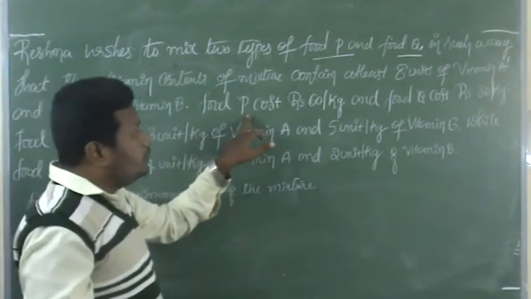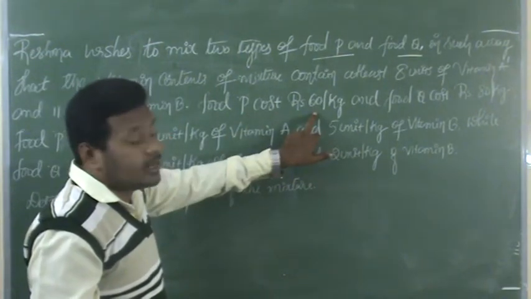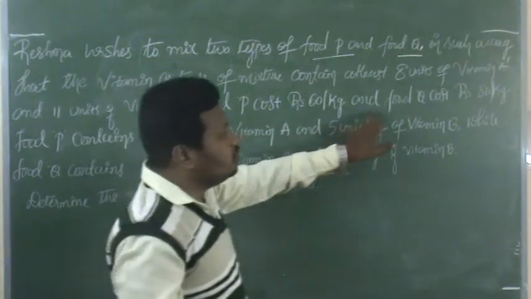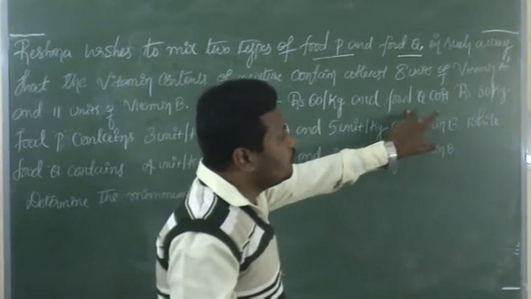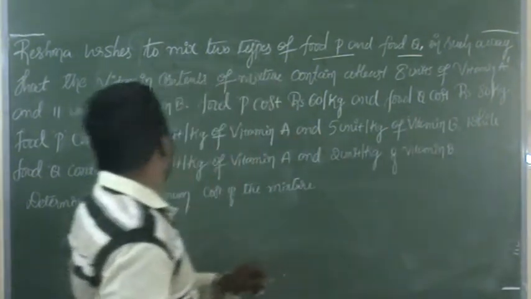Food P costs rupees 60 per kg, and food Q costs rupees 80 per kg.